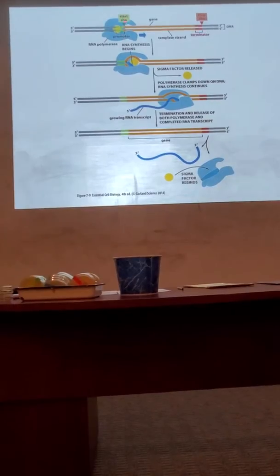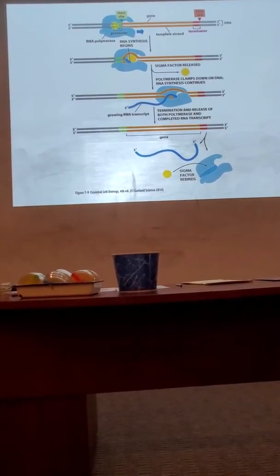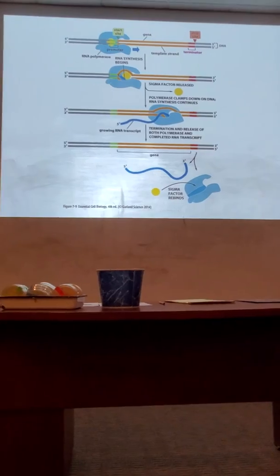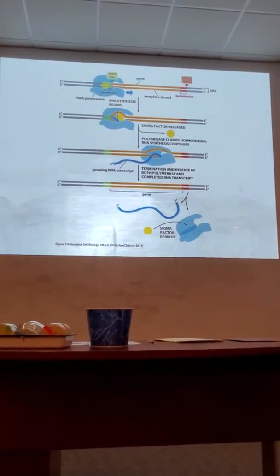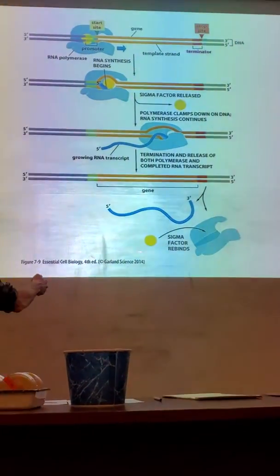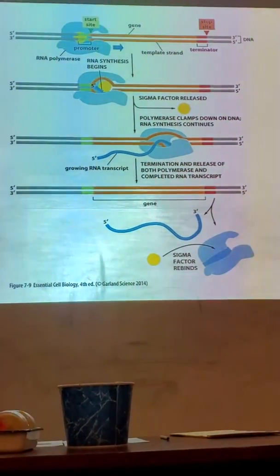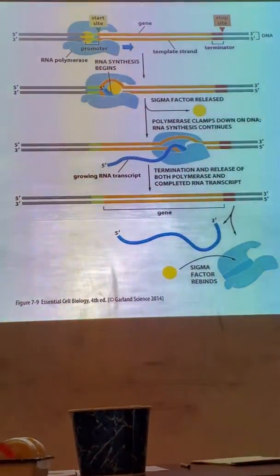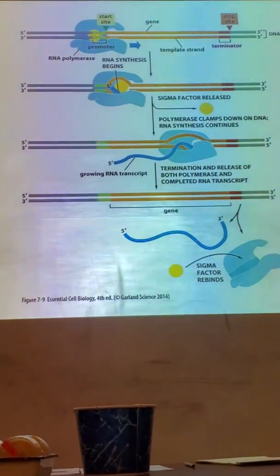There's a place called the promoter where transcription will start. There's a place called the terminator where transcription will end. And so we do have a beginning and a middle and an end to this process. There is the RNA polymerase, and there is something called sigma factor. It's sigma factor that finds the actual promoter sequence.